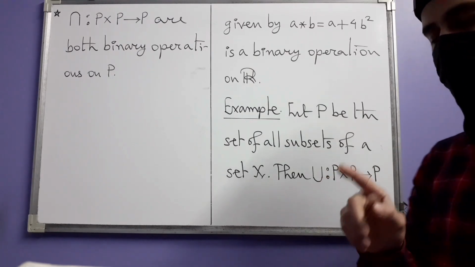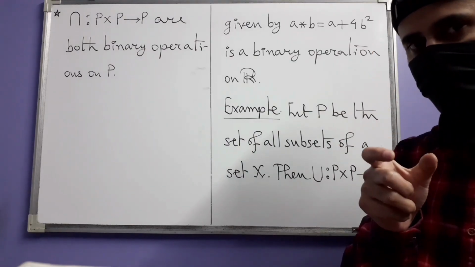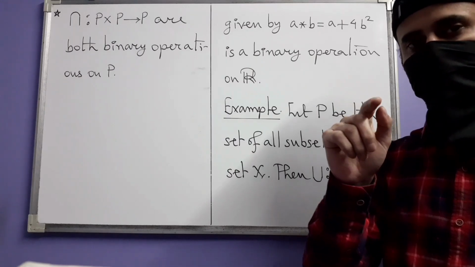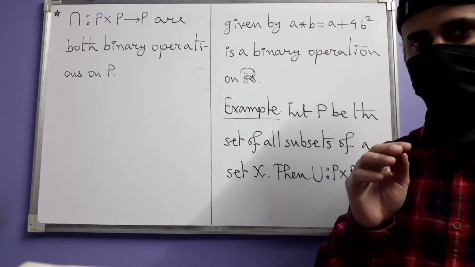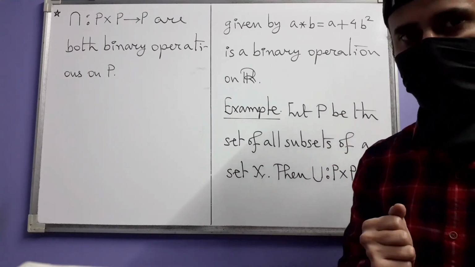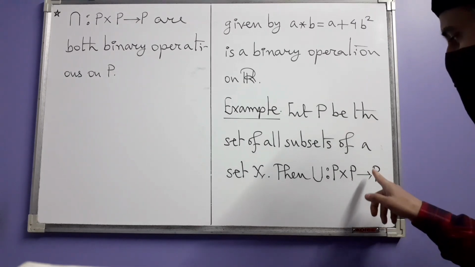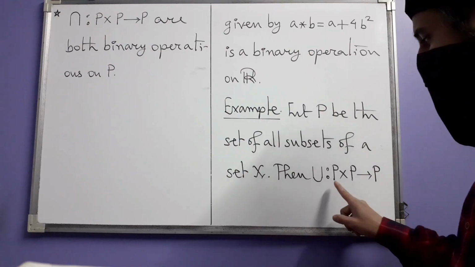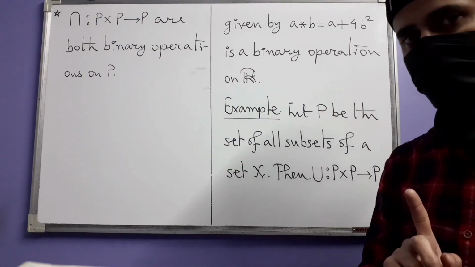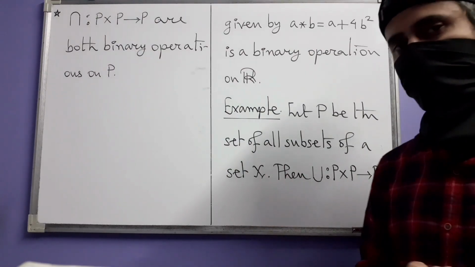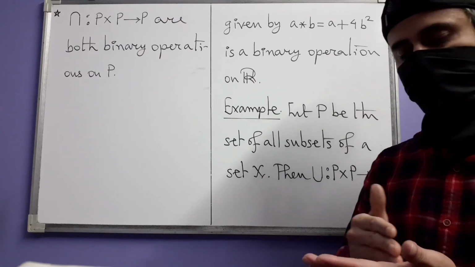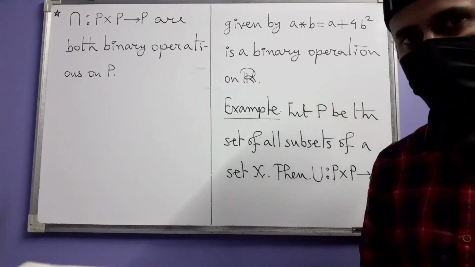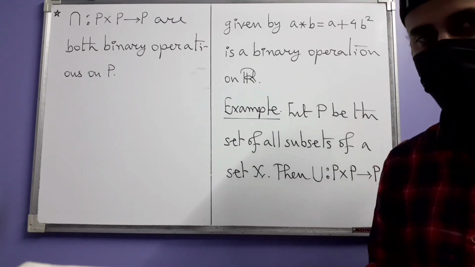So applying the union function on that ordered pair, say the ordered pair is a comma b, means taking the union of the sets a and b. Will that produce an element in P? What are a and b? a and b are coming from P after all. So that means they are subsets of X. So if a and b are subsets of X, then their union is also a subset of X from properties of subsets.